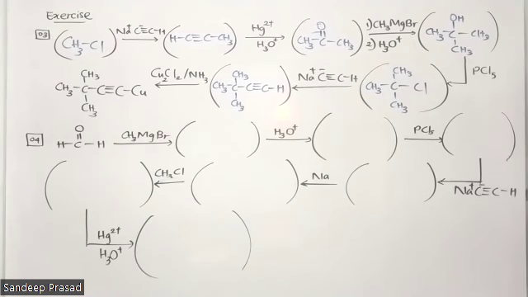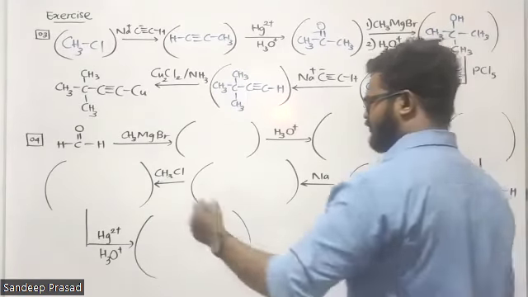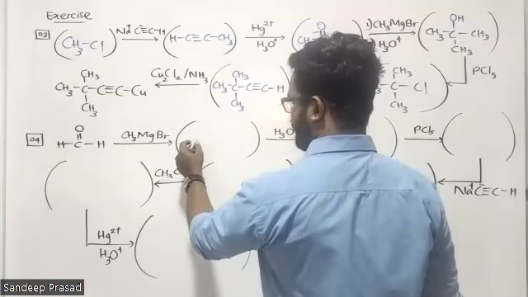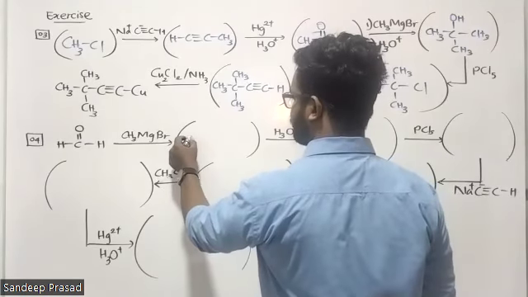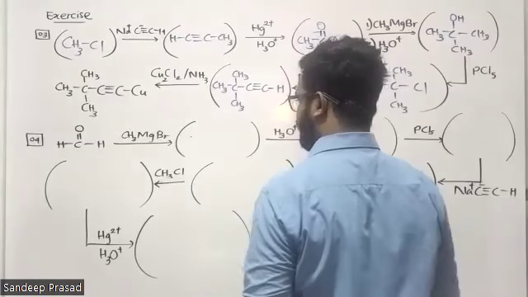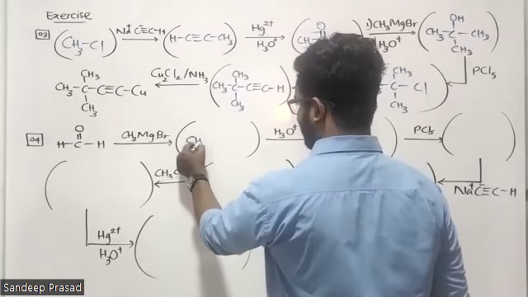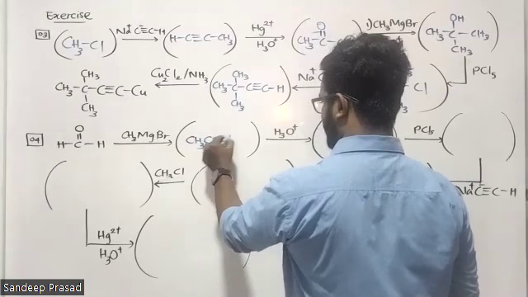What about the fourth one? The fourth one is also easy. So here, friends, we can say that CH3CH2MgBr.